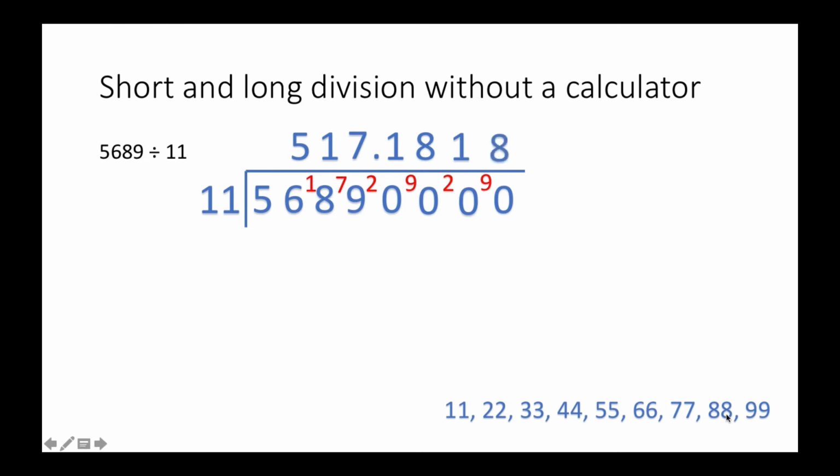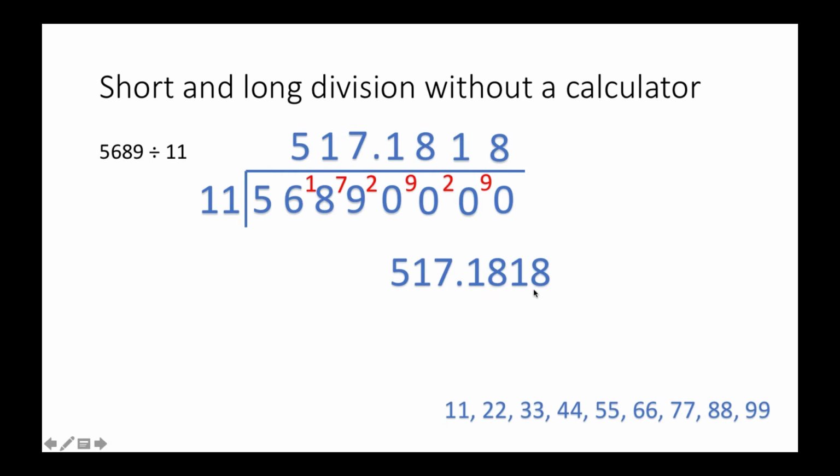So basically, that's going to carry on like that. It's not going to end. That'll go on forever. So instead of carrying on and on, we know that these two numbers are going to reoccur continuously throughout the entire answer. Because of that, we can say that it's 517 point, which is this bit, and then 1818. You don't have to write that twice if you don't want to, but it's up to you.